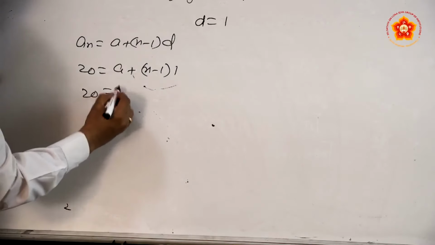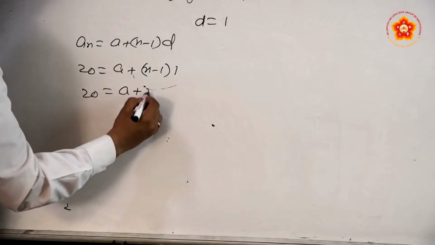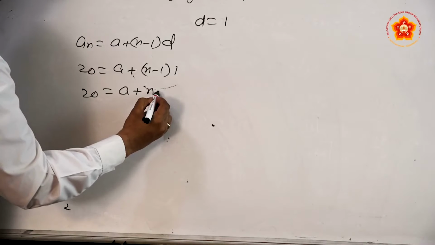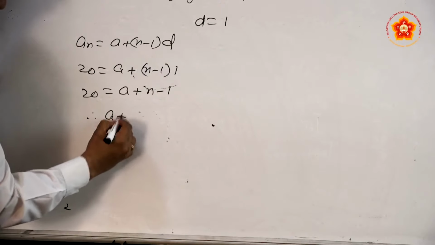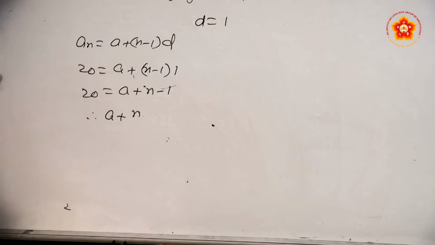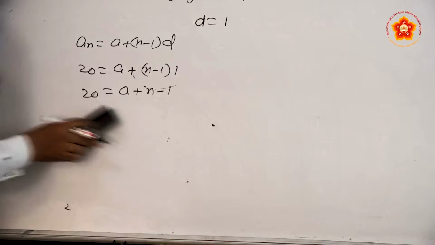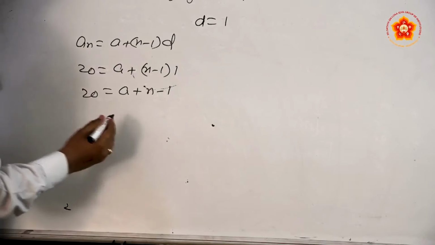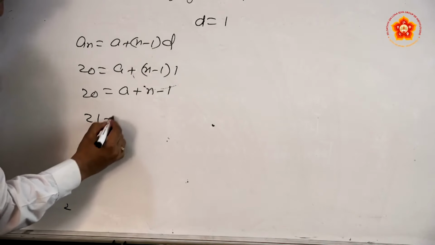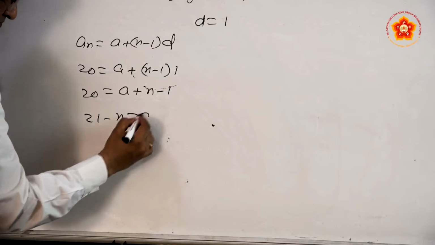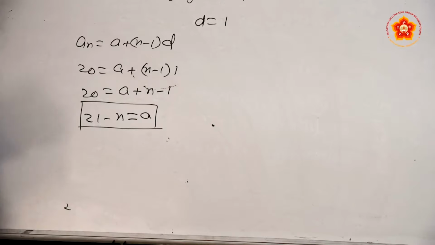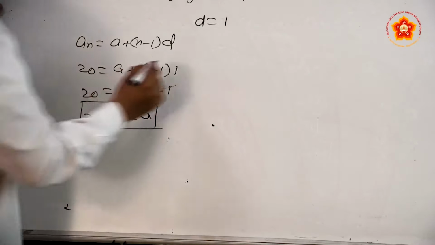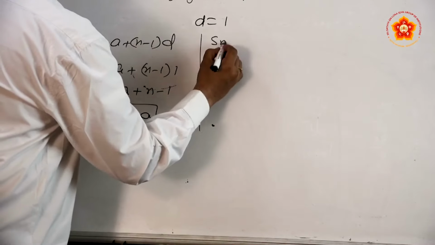Simplify it. So we have one equation, A plus N. Similarly, use the second formula for the sum of n terms.